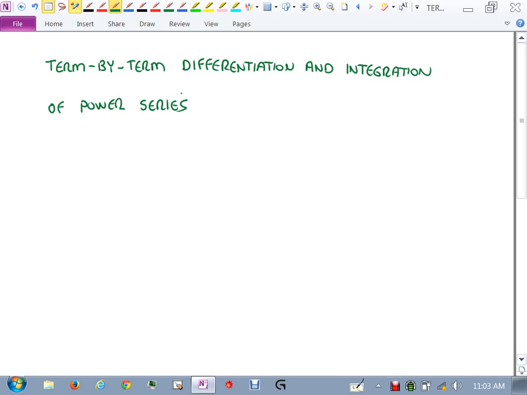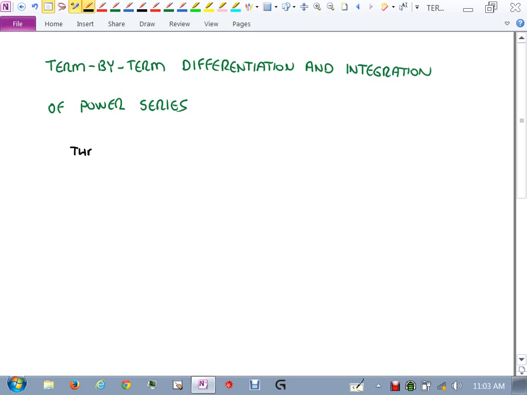All right, so we can differentiate and integrate as long as the power series converges. If it diverges, then it doesn't make sense to do it. So let me give you a theorem, and then we're going to see there's some formulas, and we'll apply those, all right? So here's the theorem.